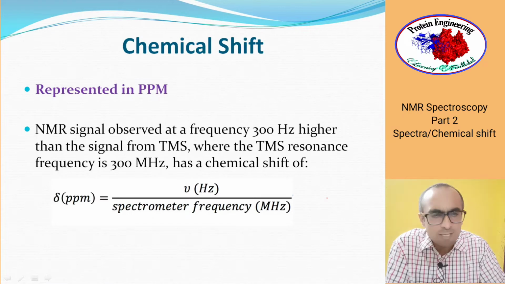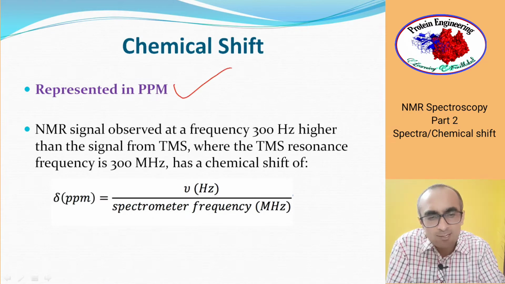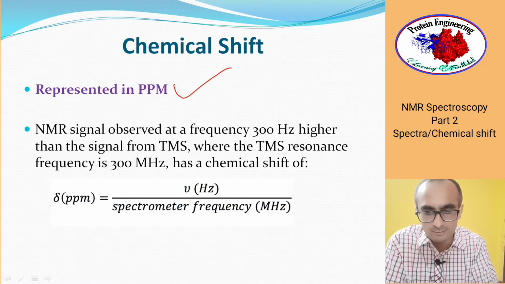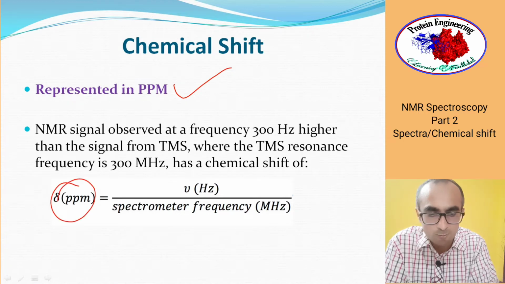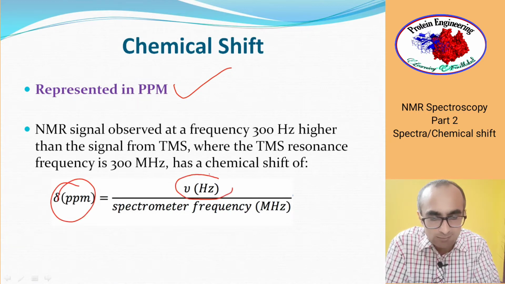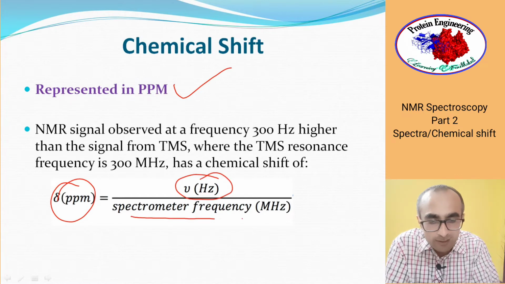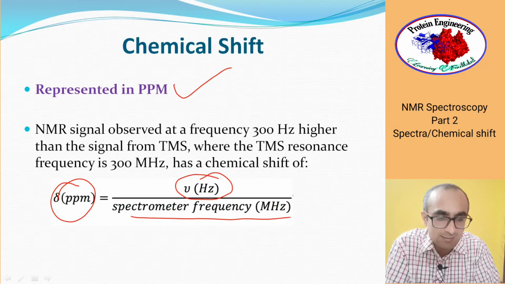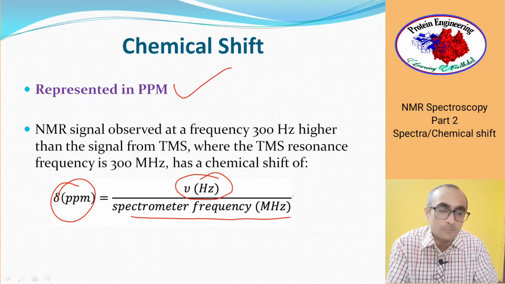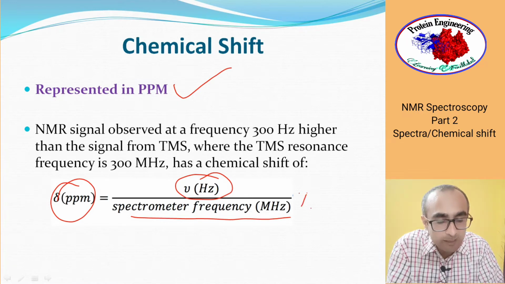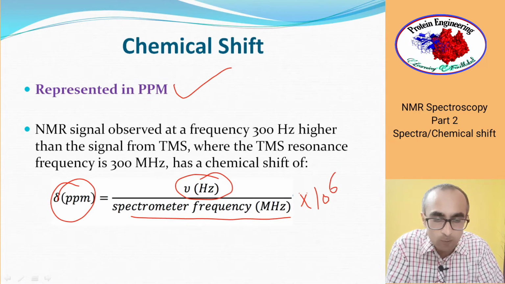Chemical shift is represented in parts per million, ppm, and it's represented by the symbol delta. So delta is equal to the frequency absorbed by a particular nucleus divided by the spectrometer frequency. The frequency absorbed by a nucleus is in hertz, whereas the spectrometer frequency is in megahertz, so that is multiplied by 10 raised to the power 6, and that's how we get the number in parts per million.